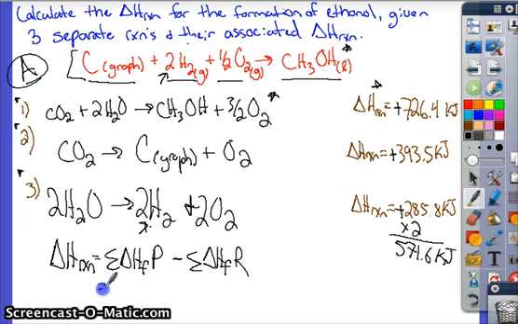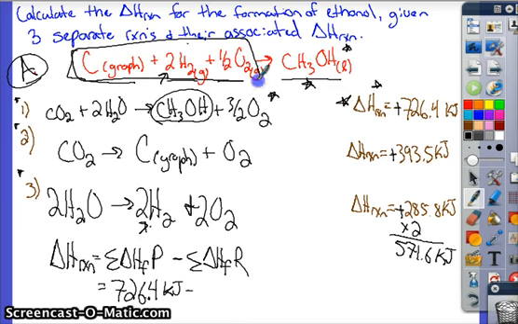So in this case, we will have our product, which is CH3OH, our ethanol. That one will be this delta H because it has the ethanol. So it was going to be 726.4 kilojoules minus the summation of all of our reactants. So all of our reactants, which will be signified by these 2 delta H's.